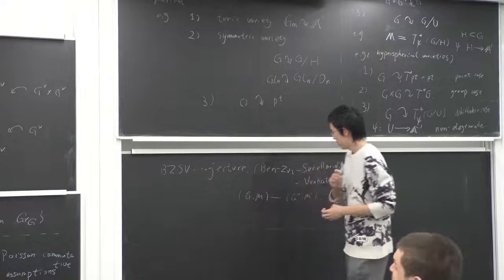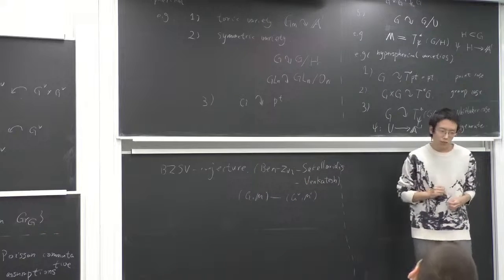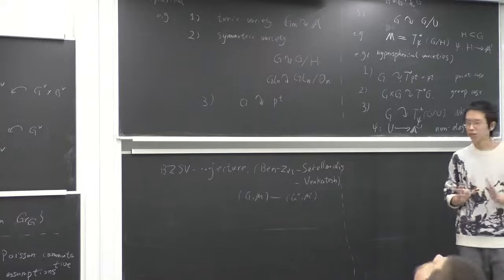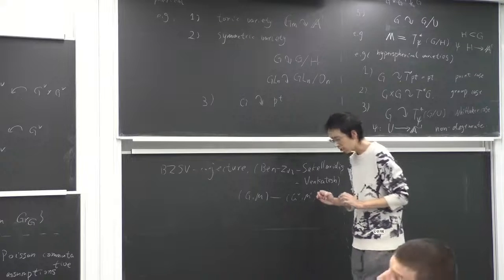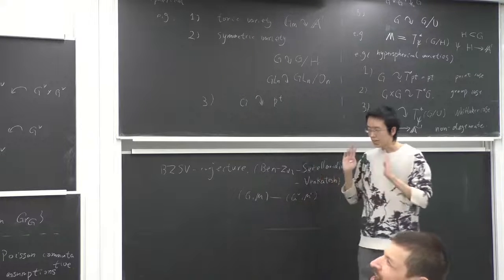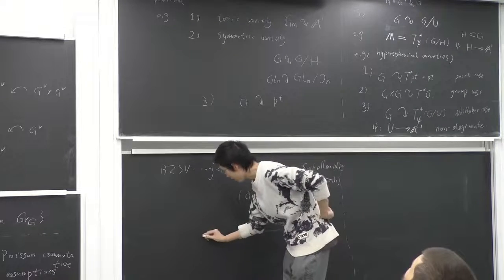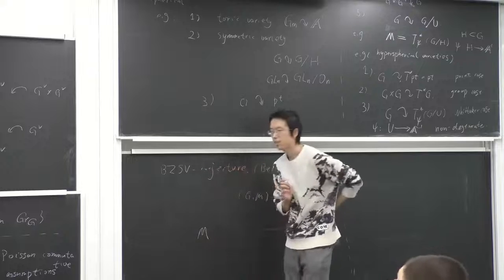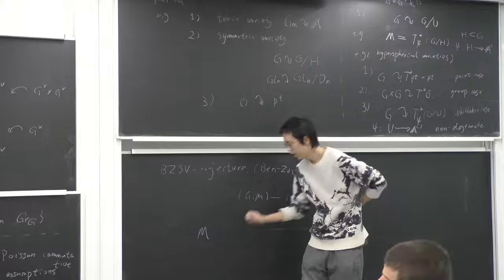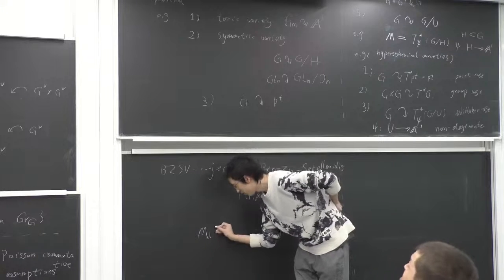Yes. The BZSV conjecture, or the local conjecture of the relative Langlands program, considers the following thing. First, let us start from M, I mean the hyperspherical variety M. Then you consider its loop space.